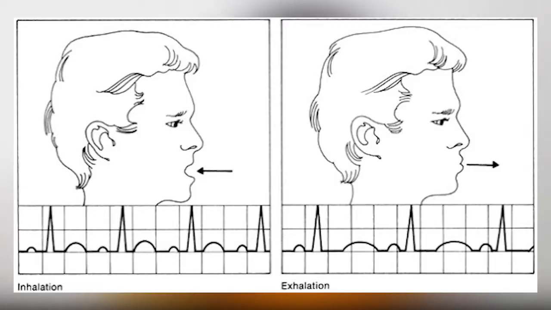The risk of this disease is reduced cardiac output. Medical treatment is usually not required until the patient is symptomatic; then find and treat the cause. You can observe a picture of inhalation and exhalation and how the arrhythmia occurs.